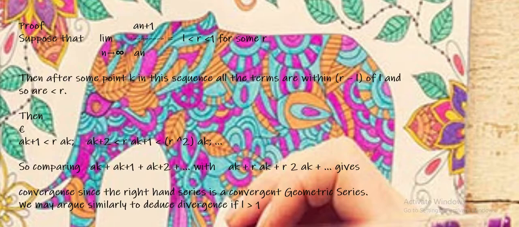Then a_{k+1} should be less than R a_k, a_{k+2} should be less than R a_{k+1}, which is less than R squared a_k.